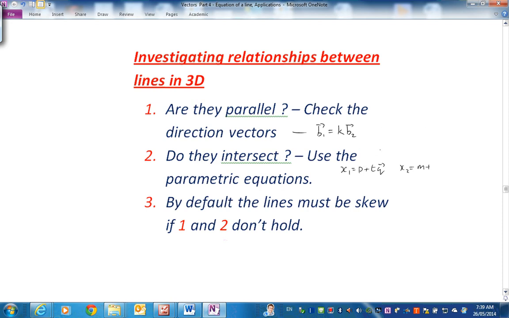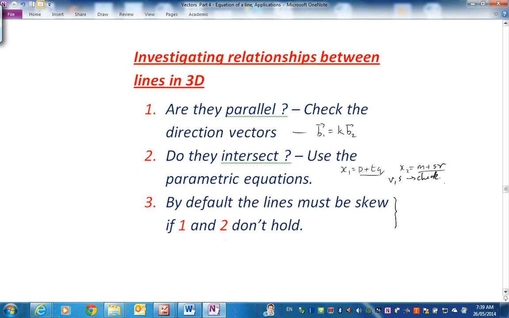I'm just doing parametrics. So x is m plus sr or something. Okay, and what we've been doing is equating those, finding r and s, checking, and seeing if they intersect. Now if they're not parallel and they don't intersect, they're going to be skew lines.